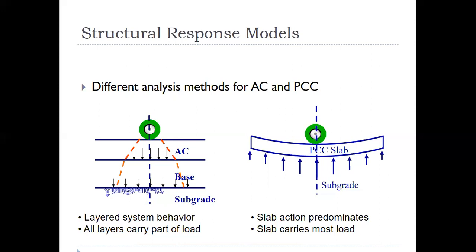The asphalt concrete takes most of the stresses. Then it transfers to the base and subsequently to the subgrade. So there is a layer system behavior, and what I mean is all layers have to carry part of the load. While when we talk about the response of PCC, there is a slab action in which the PCC slab takes all the load and it seldom transfers the load to the subgrade.